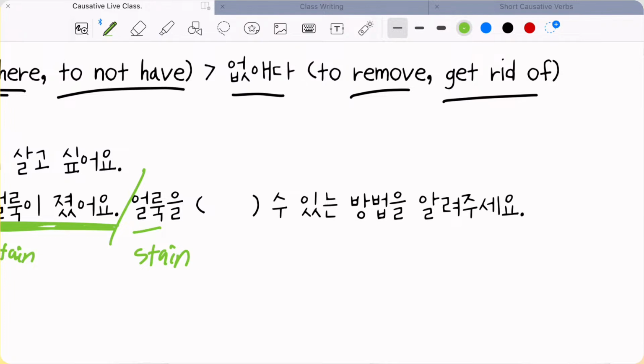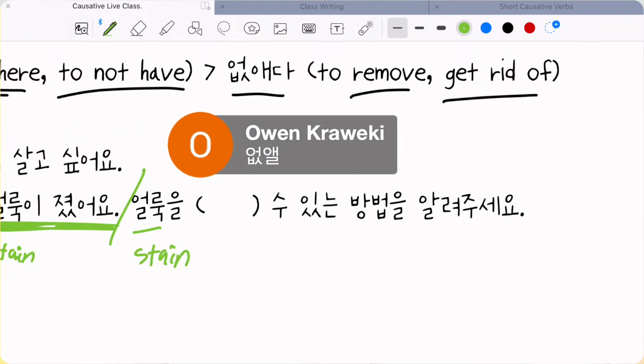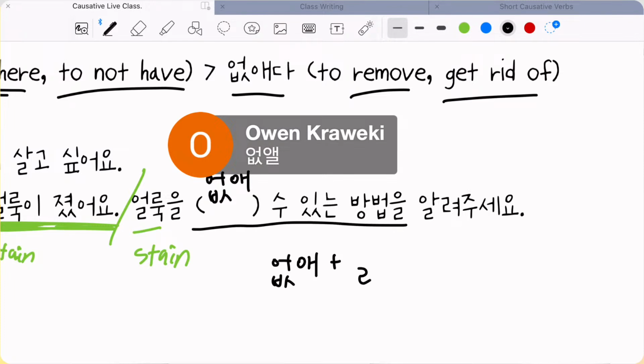얼룩을, 그렇죠, 없앨 수 있는 방법을 알려주세요. You should be using the verb 없애다. So let's break this part down. 없애다 plus 을 수 있다, which means to be able to or can, and the modifier, and then 방법.